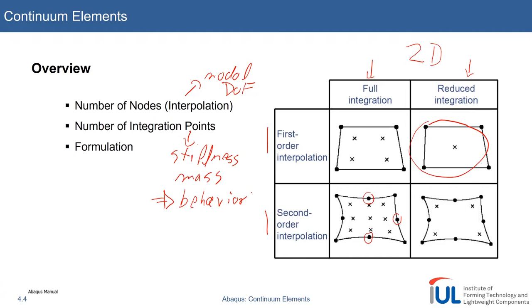The mathematical formulation might be something new to you. We basically have a lot of subcategories here, the mathematical formulations. We've actually talked about this in the previous tutorials when we talked about, for example, Euler-Bernoulli versus Timoshenko, so thick shell versus thin shell theory, and so on. For continuum elements, we can have the different plane assumptions.